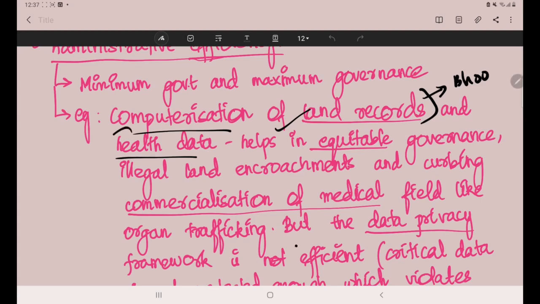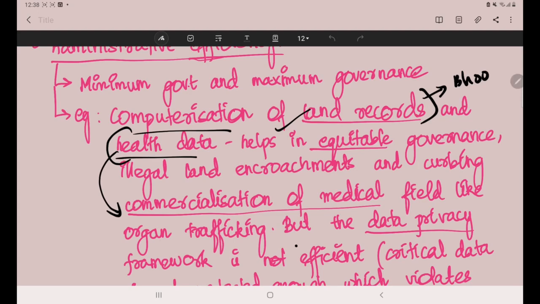Also through collection of health data, we are able to curb the commercialization of medical field. Commercialization means many people will be subjected to unknown organ trafficking and all. So if you are maintaining a good database of the health sector, then we can prevent the commercialization and the exploitation of the public. Then coming to the use value, this also can be misused.